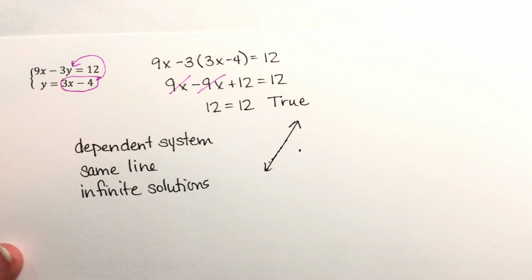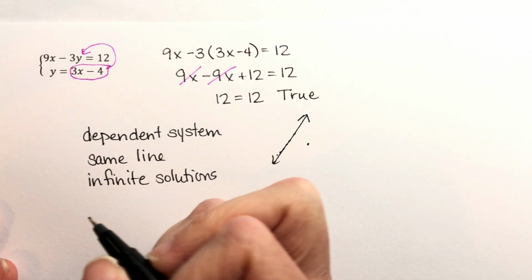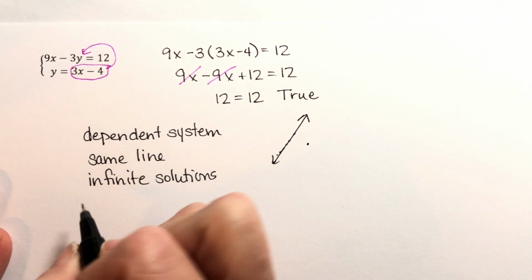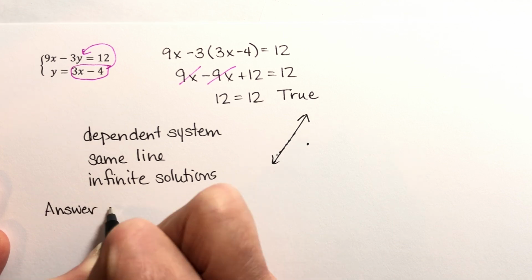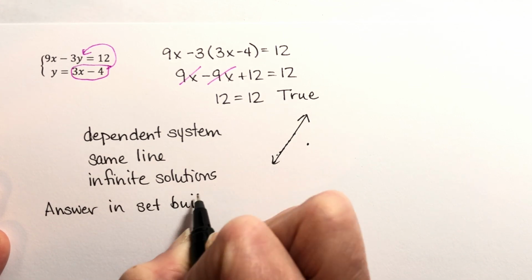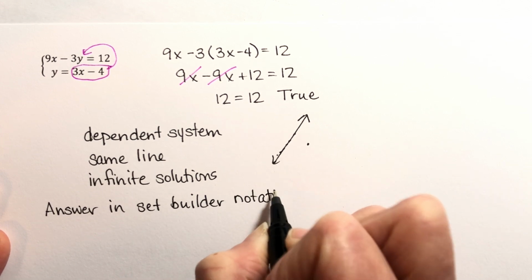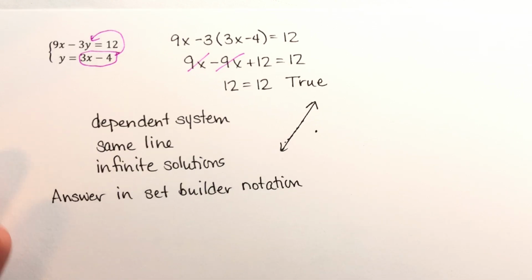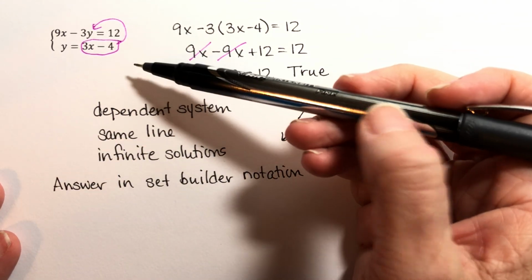Now, the last bit of this is they're going to ask you to write your answer in set builder notation. Okay, now they'll provide you with the beginning of this. It will be on all of these problems.